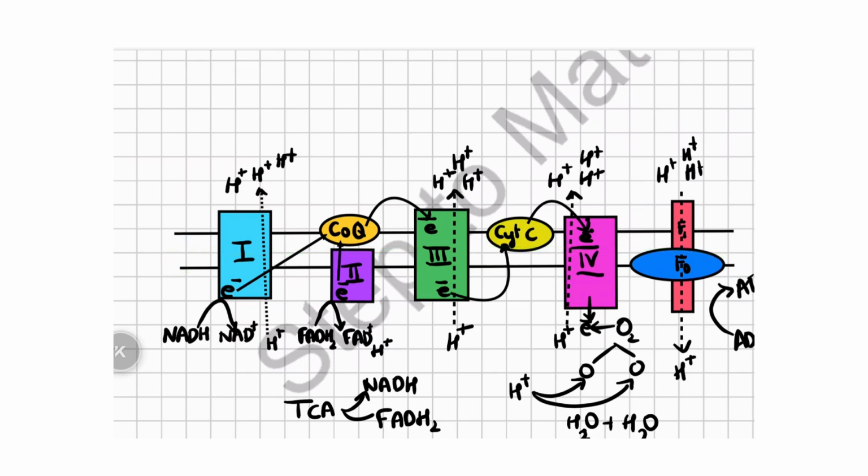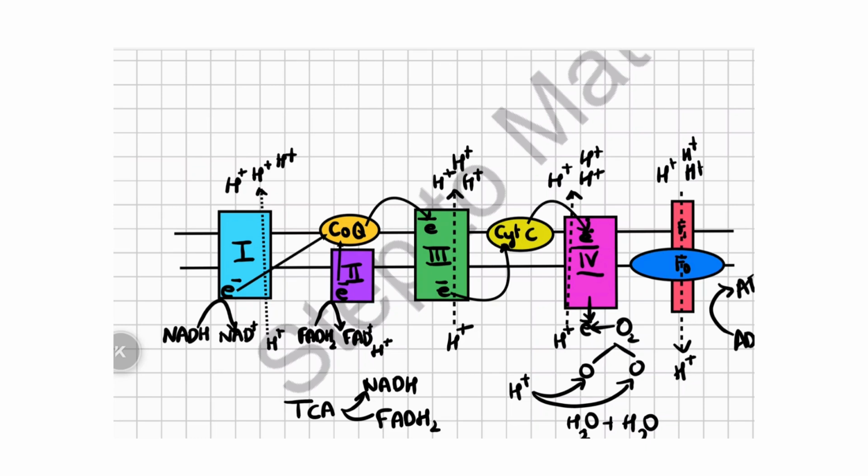And it has 4 complexes, complex 1, 2, 3, 4, and 2 molecules called coenzyme Q and cytochrome C. Along with this, this whole thing is actually called the electron transport chain, and it has an additional particle called the F1, F0 particle, or you can also call it the ATP synthase.